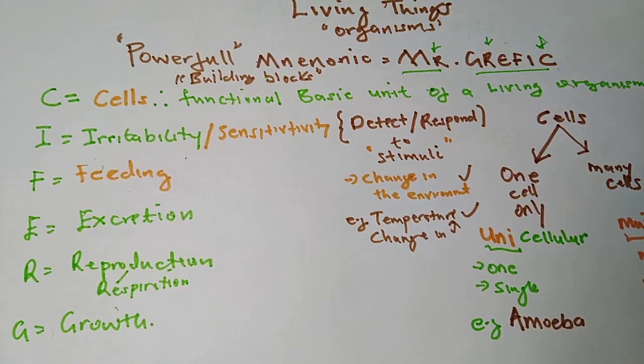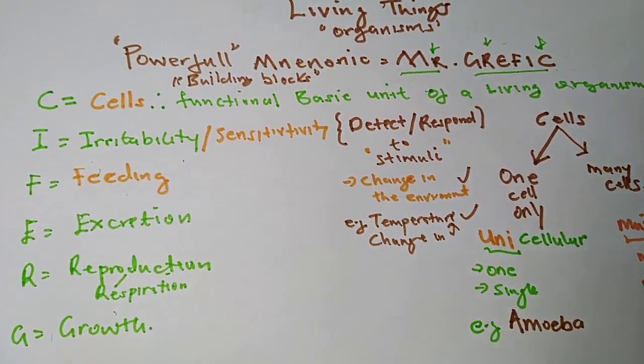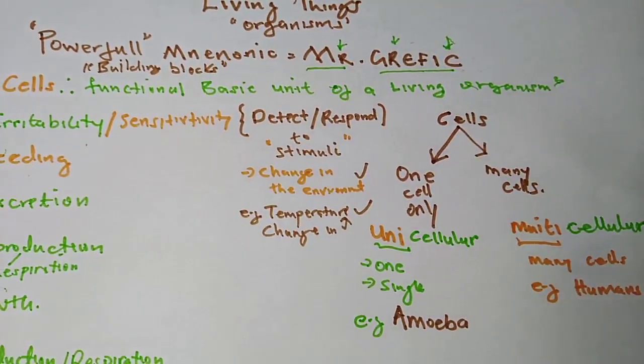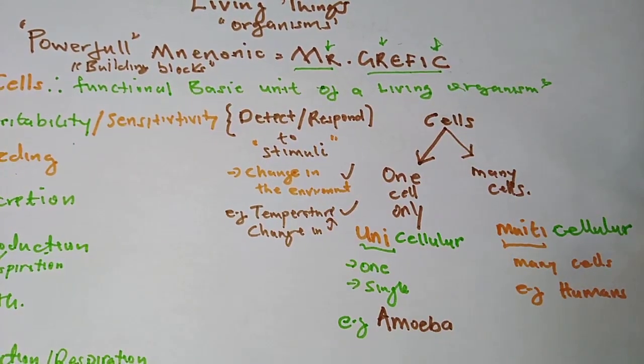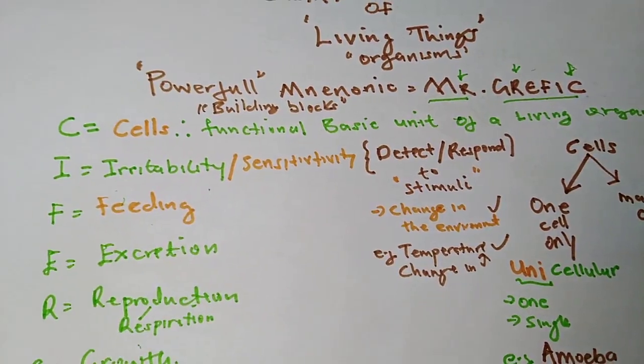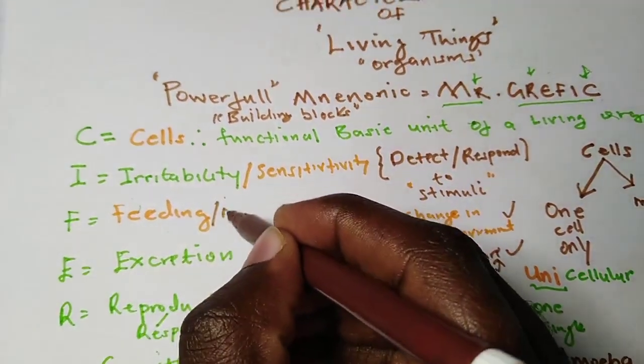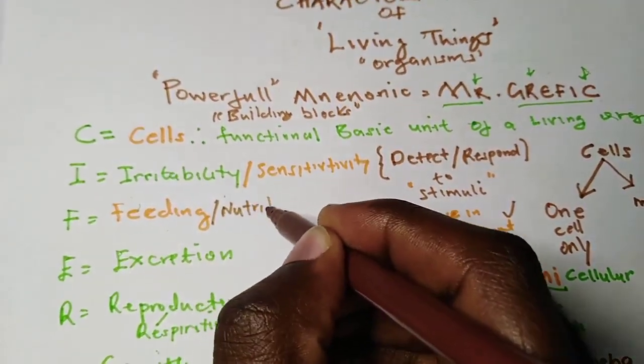So the first thing we looked at under the characteristics of living things was cells. All living things are made up of cells. Some have one cell only, we call them unicellular. Others are made up of many cells, we call these multicellular. After irritability, the next word is feeding, sometimes called nutrition.